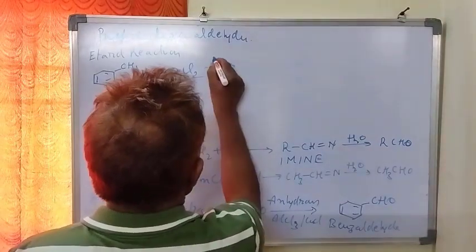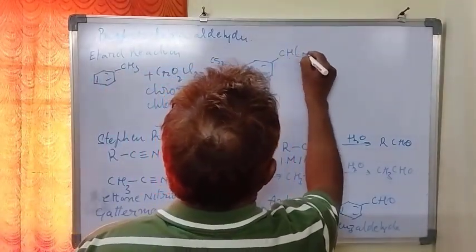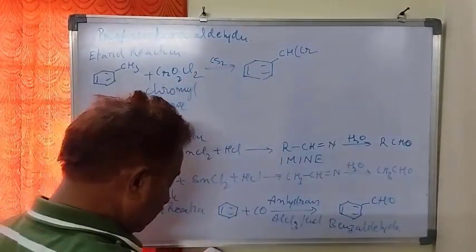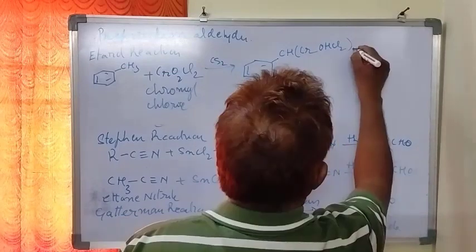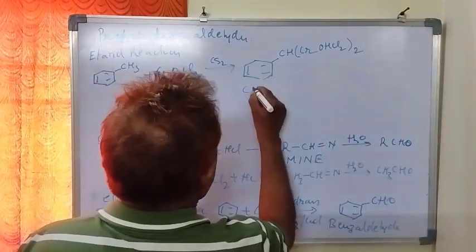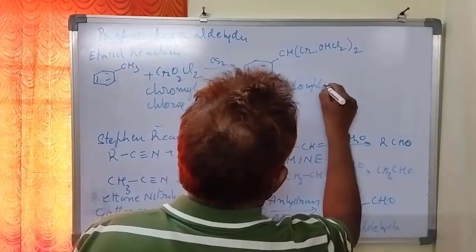Therefore this is in the presence of CS2. So this is CH(OCrOHCl2)2. This is the chromyl complex.